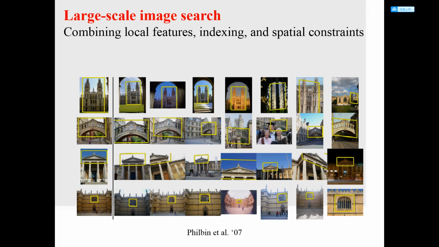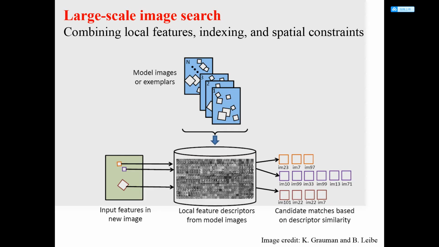It's actually quite successful in terms of large scale image search. For example, if you have lots of different photos from scenic sites and try to recognize which site it is, you just get local features, index them, and find correspondences.